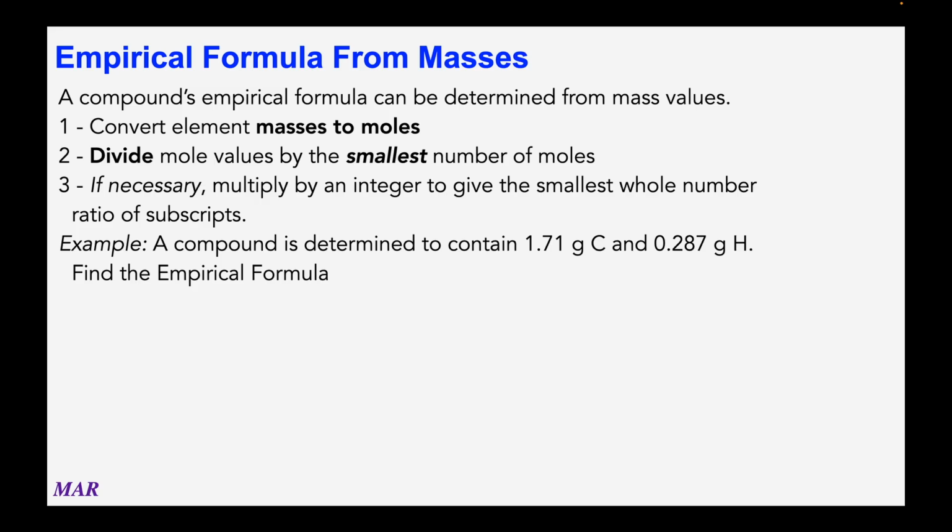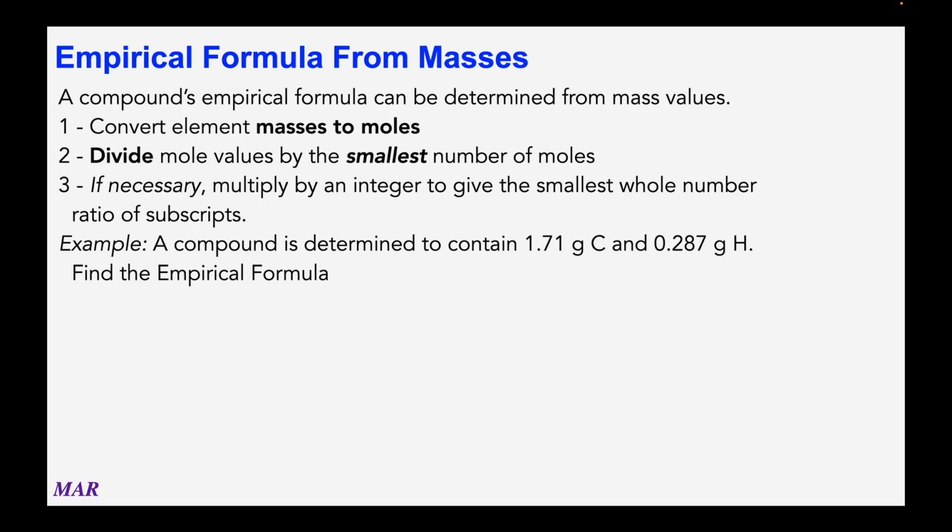Now, I'm sure that's not the clearest, so let's look at an actual example. Let's say that we have a compound, and it's found to have 1.71 grams of carbon and 0.287 grams of hydrogen. Let's use that information to find the empirical formula. Well, again, in a formula, you have to have moles.